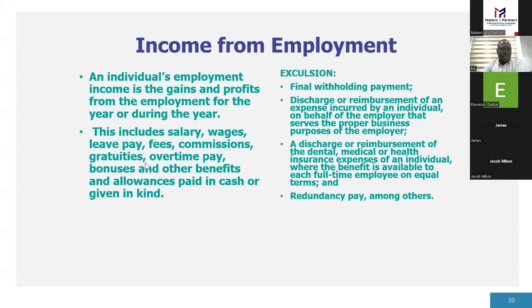Before I bring in the IT Supplementary 51, let's go back to our income from employment. What is it about? How do you know that this qualifies for income under employment?